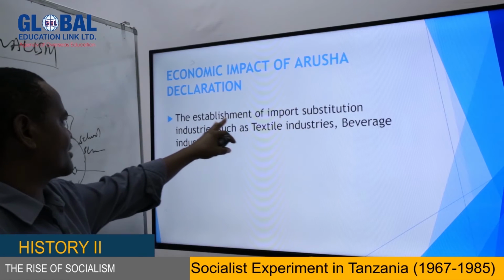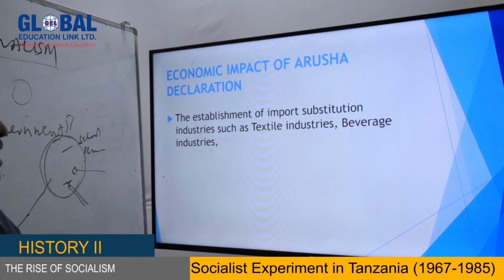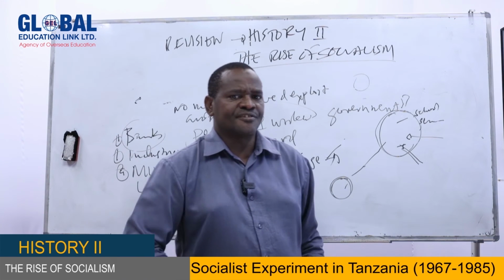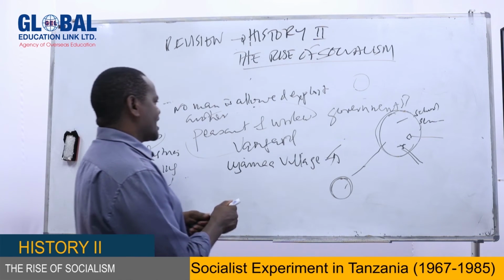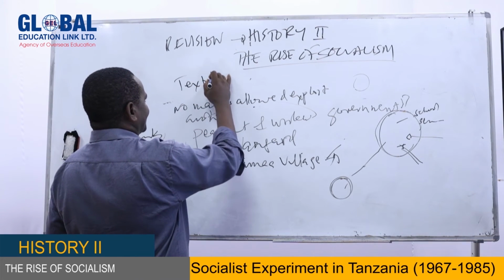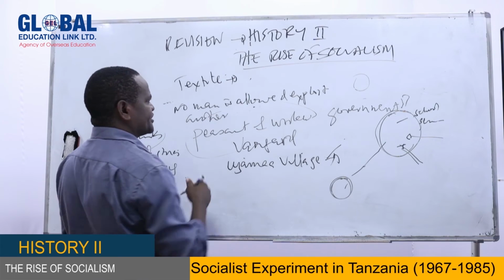Another economic impact was the establishment of import substitution industries. They established some industries to reduce the importation of commodities which are always used in the country. Some of the industries established were textile industries. A lot of textile industries were established.